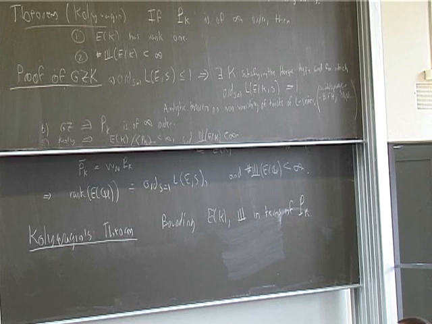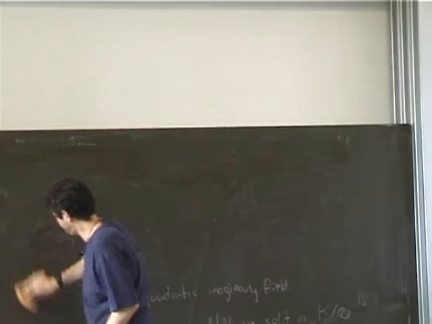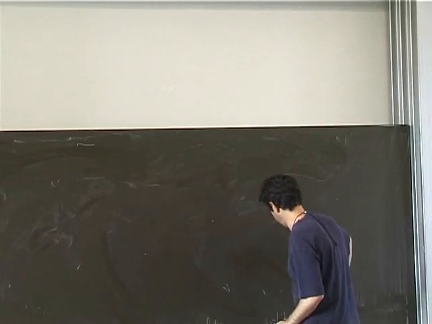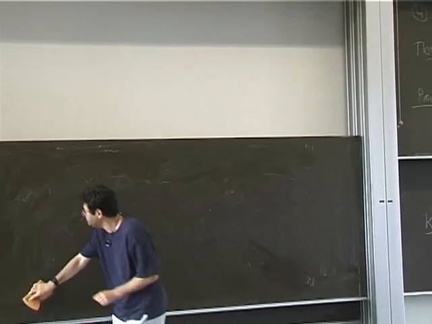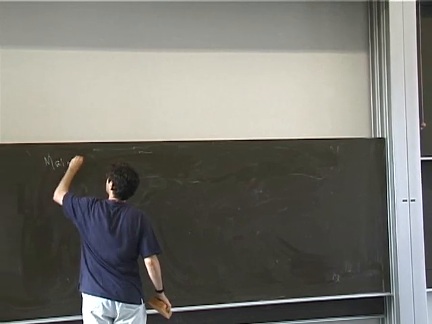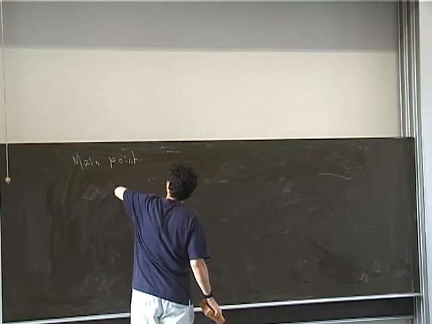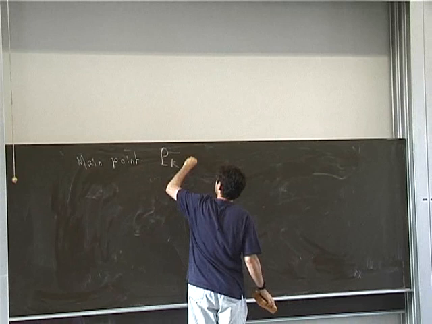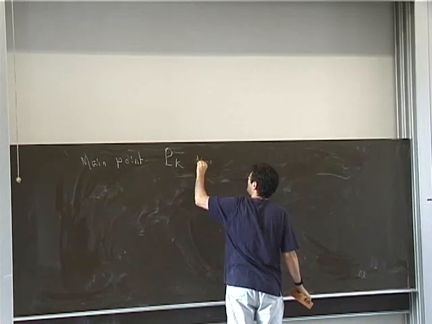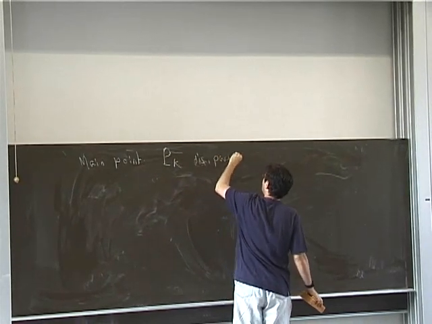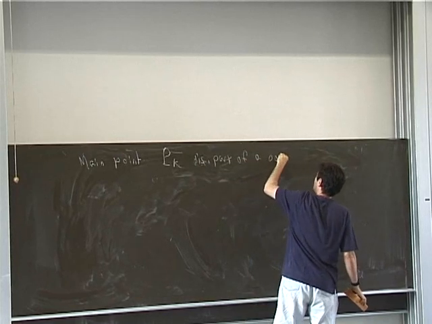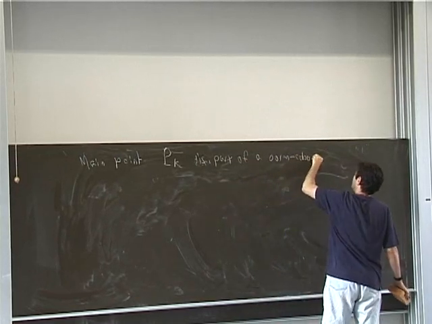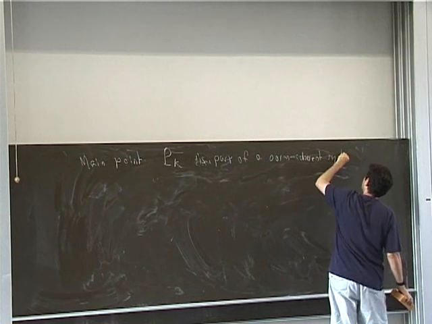It sort of comes as part of a large norm coherent system of points defined over various abelian extensions of K. So the main point is that the Heegner point P_K is part of a norm coherent system of points.